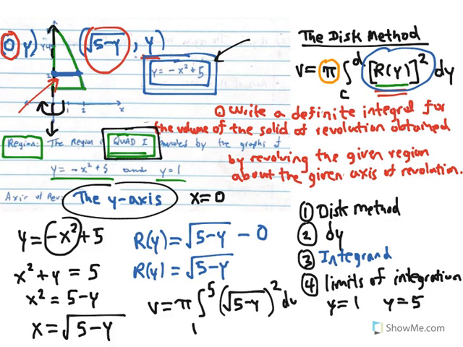And then we have, of course, we're integrating with respect to y. You can simplify because the square of the square root, the squaring and the square rooting are inverse operations. So when you simplify, you will just have 5 minus y for the integrand.